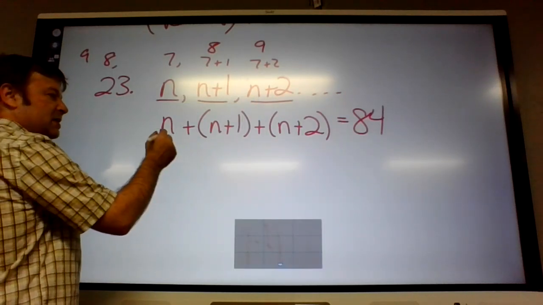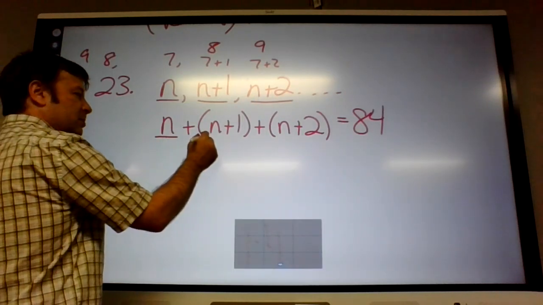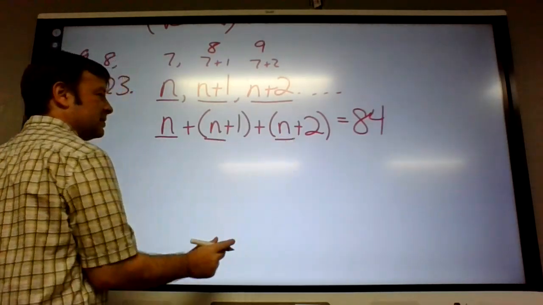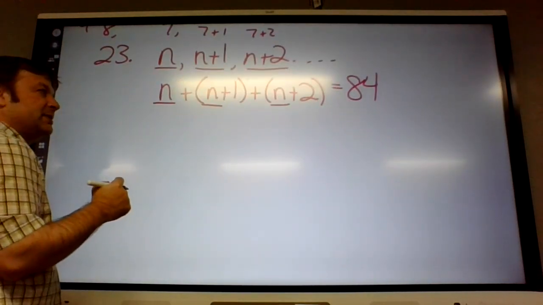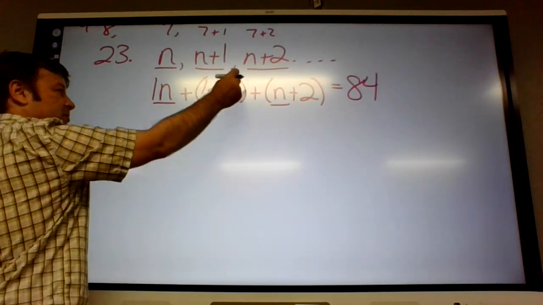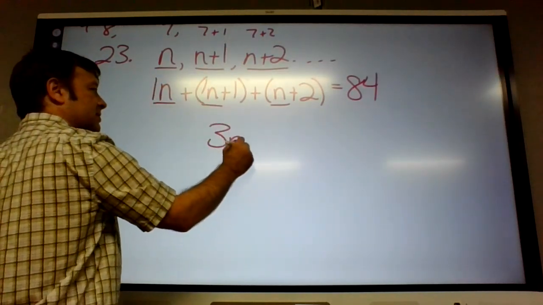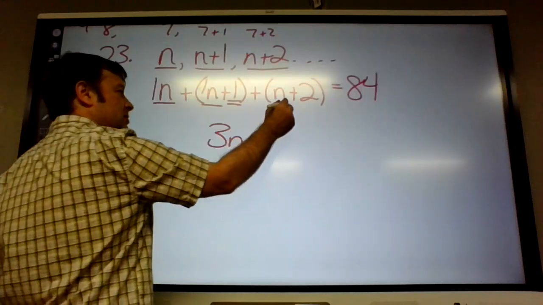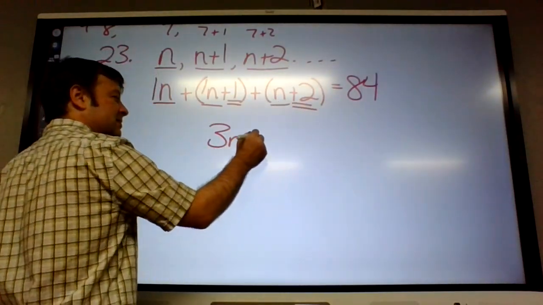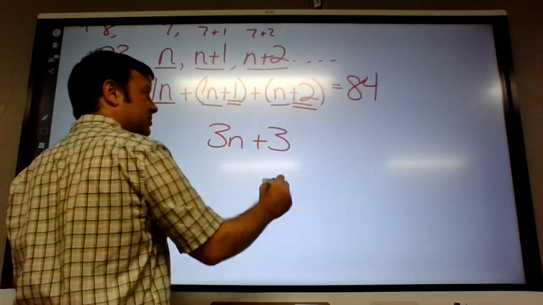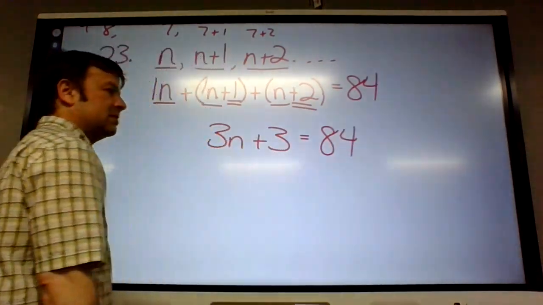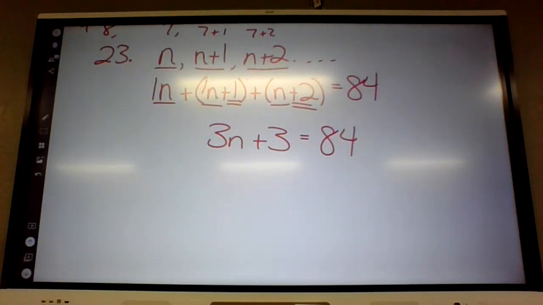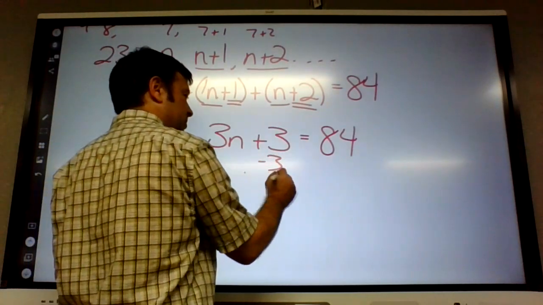No, it doesn't. So what's n plus n plus n? 3n. 1n plus 1n plus 1n. So it's 3n plus 1 plus 2, so that makes plus 3. Okay, so we just clean it up a little bit. Now it looks normal again. So we're doing normal stuff.